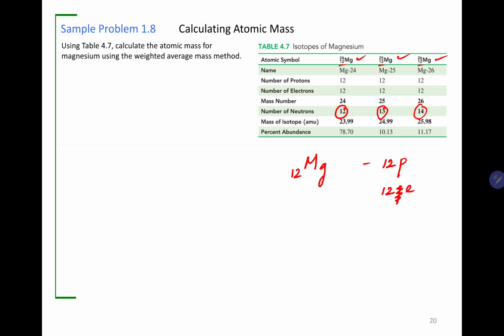AMU is basically equal to the mass of a proton. So the mass of an isotope in AMU is actually very close to the mass number. As you can see, mass in AMU is almost the same as the mass number. Why is it slightly different?